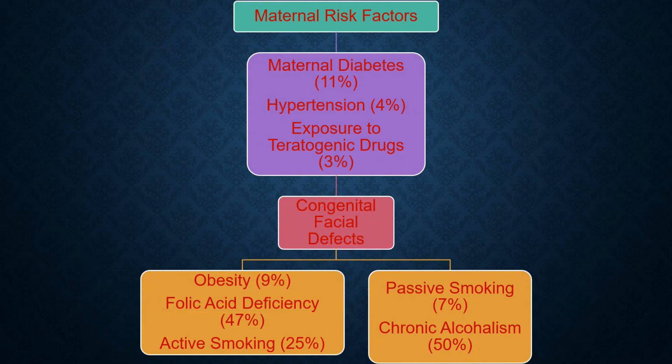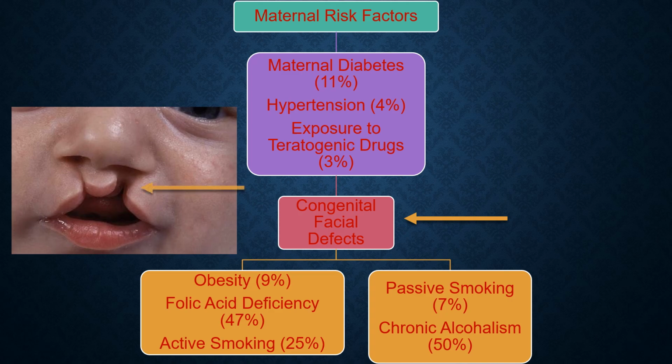Now we will discuss some very important, frequently encountered maternal risk factors which can cause congenital facial defects like cleft lip and cleft palate. These factors are maternal diabetes and hypertension. Out of these, the most common and most prevalent factor is, first, chronic alcoholism.